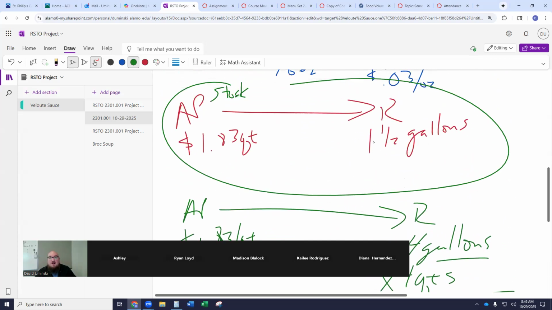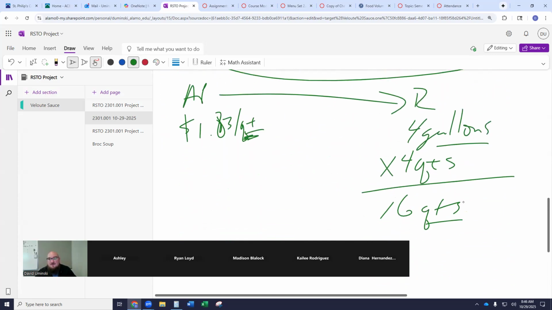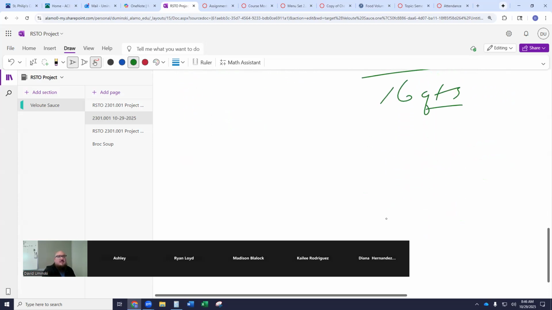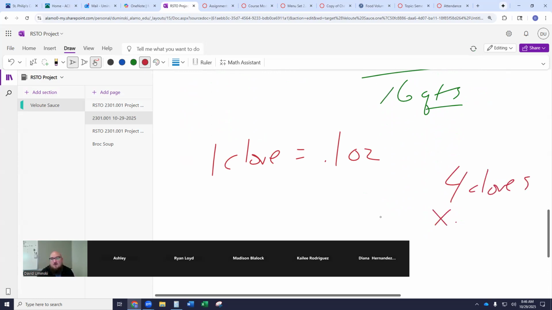You're also going to use this same concept when you talk about the garlic, because 1 clove is equal to 0.1 of an ounce. So if I need 4 cloves of garlic, how many ounces is 4 cloves of garlic? 4 ounces.